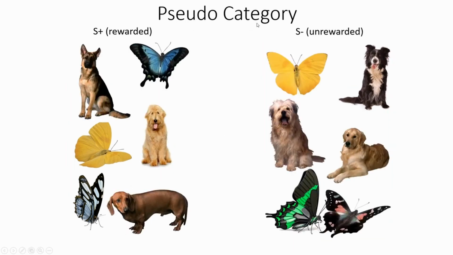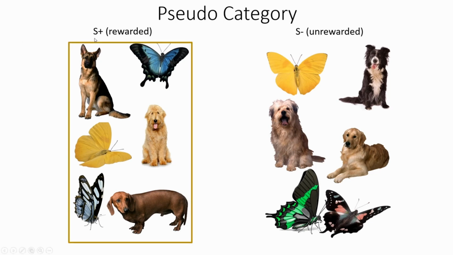All right, so in our pseudo-category group, we remove that category ability. Now there isn't a single rule that applies to everything that you're being rewarded for. So here, you're being rewarded for these three butterflies and these three dogs, but there isn't a general rule you can use to remember this category, which is why we're calling it a pseudo-category, because it's not really a category.